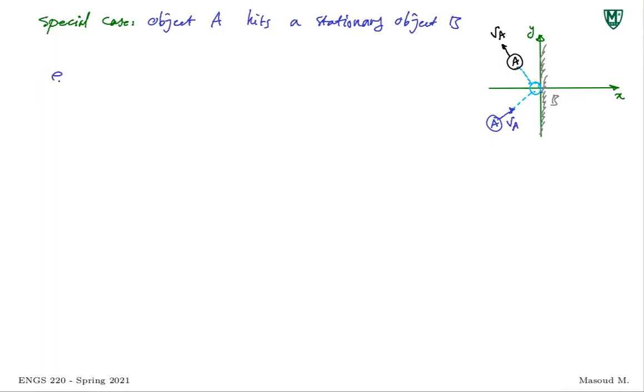So if I want to write the coefficient of restitution, that would be VB prime X minus VA prime X divided by VA X minus VB X. Now in that case, since B is not moving, this is 0 and this is also 0. So I can get a relationship between the coefficient of restitution and the velocity of A before and after the impact.